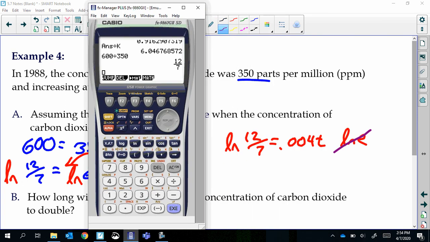So natural log of 12/7 divided by 0.004.